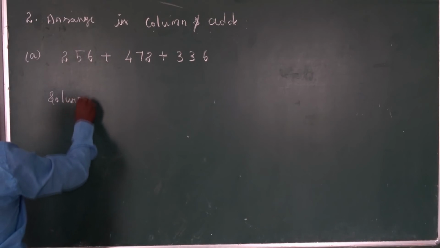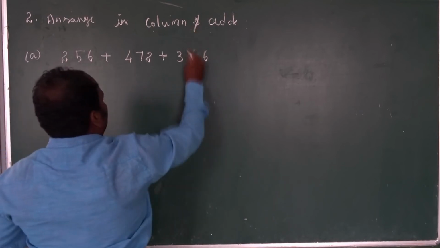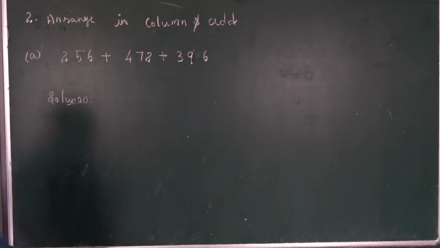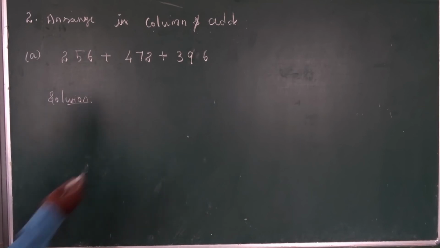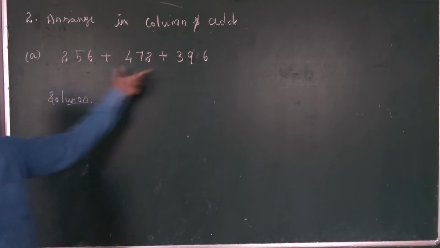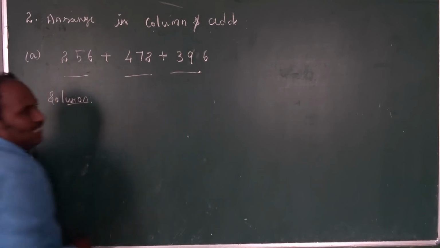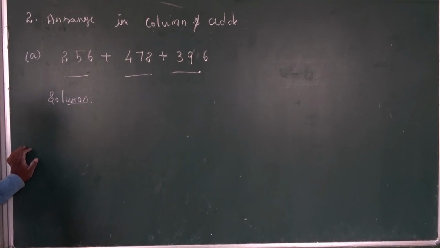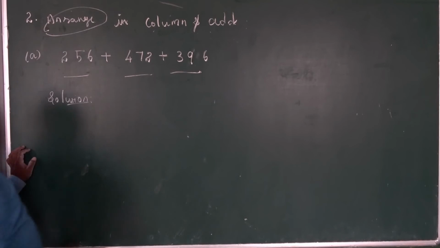Solution: 256, 472, then 396. Three digit numbers.